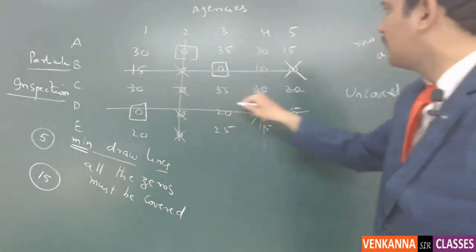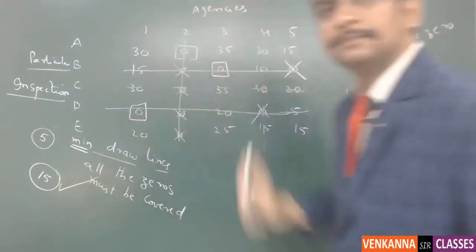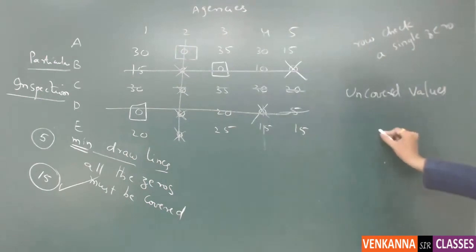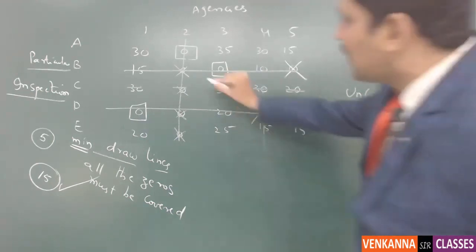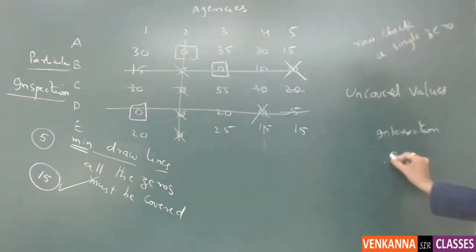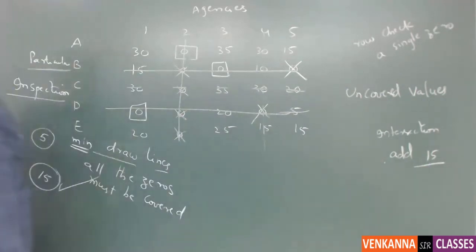From the uncovered values, you are subtracting the smallest value of the matrix. And while drawing the lines, you will have an intersection. So as and when you have an intersection, at the intersection values, you should add that value. That was the procedure. Okay.